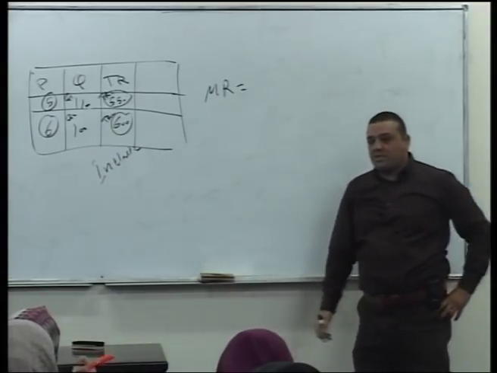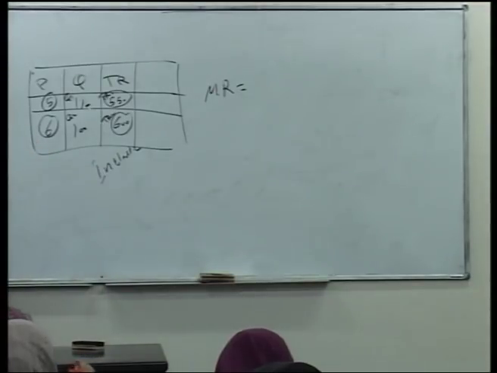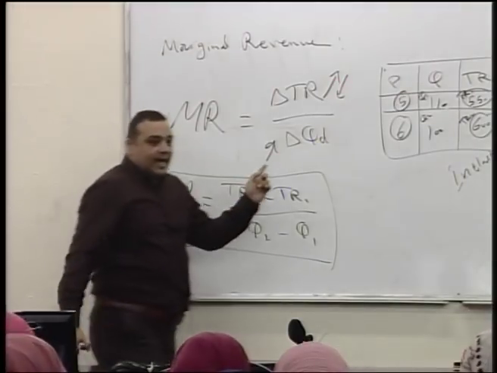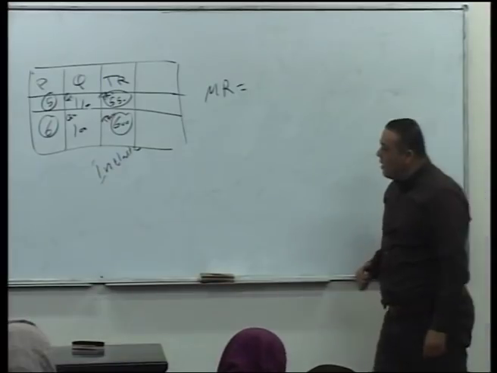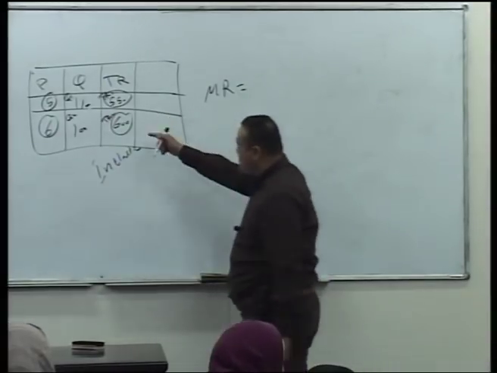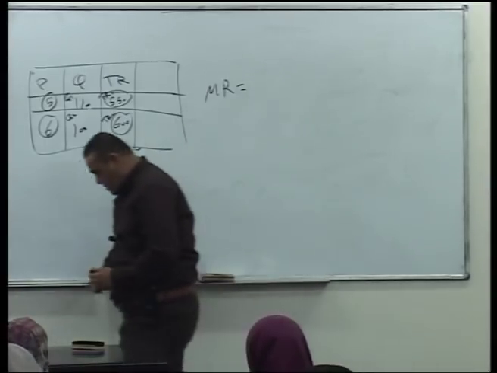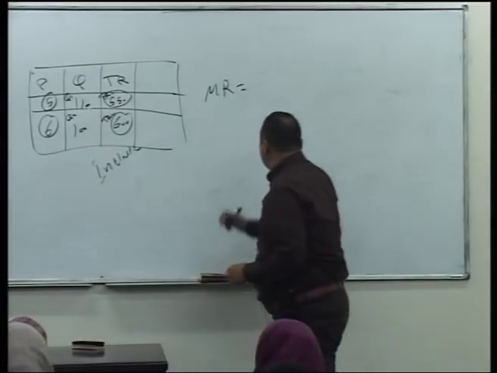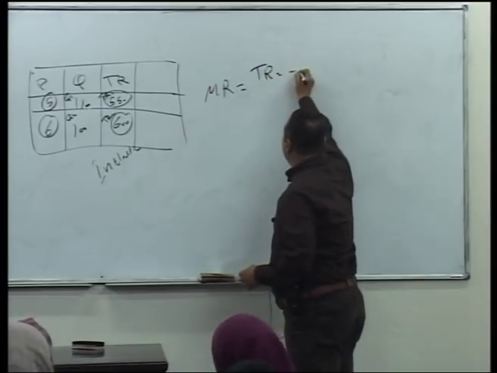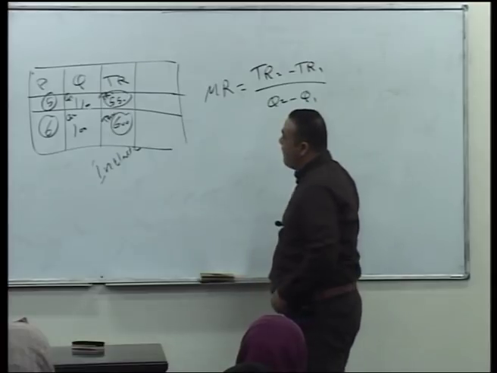We're talking about someone who sells ducks. Let's calculate the marginal revenue here. MR equals TR2 minus TR1 over Q2 minus Q1.